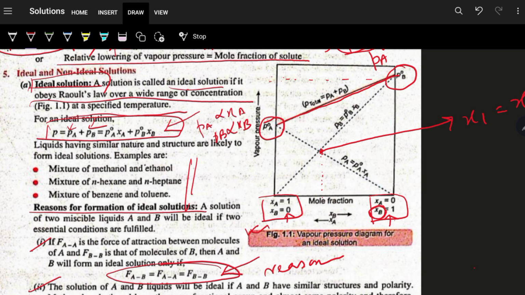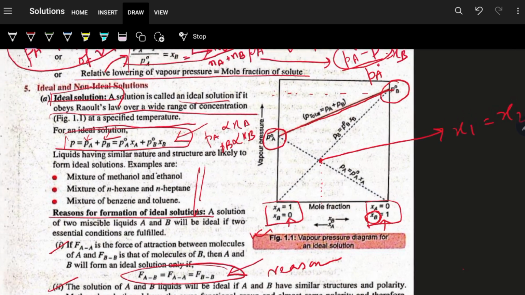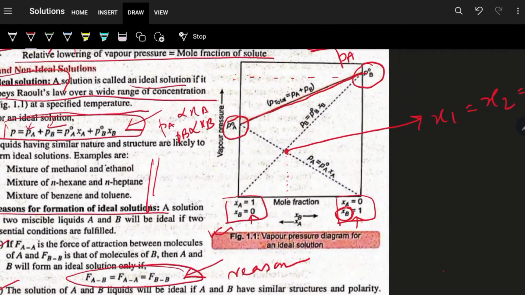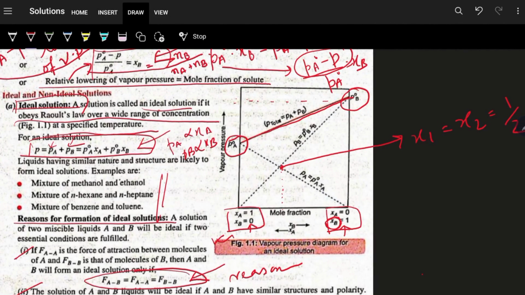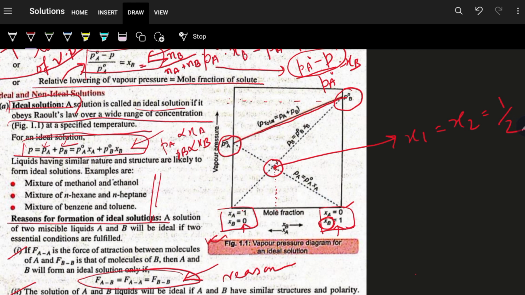So this is the total vapor pressure, which is equal to PA plus PB, summation of the partial pressures of A and B. And as per Raoult's law, the dotted plots are the individual plots for each component. What happens at this point of intersection then? Why do they intersect? Here we can see that XA is 1 and here XA is 0. Here XB is 0, here XB is 1. So when will it intersect?